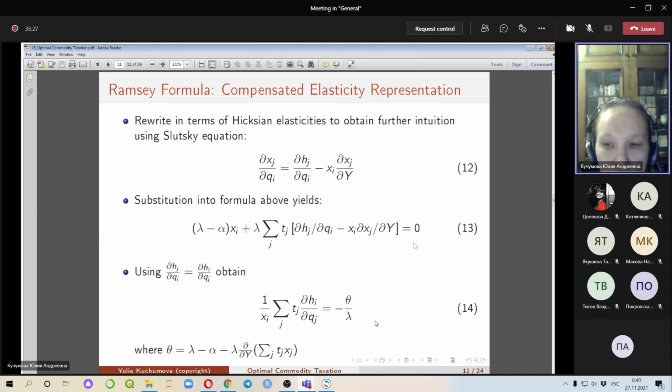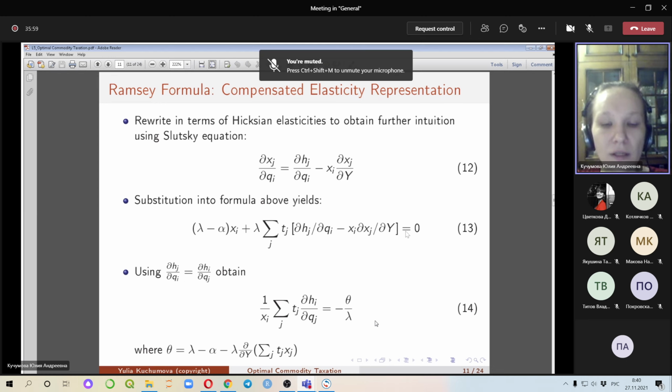So we end up with formula 14, which is 1 over xi multiplied by the sum over g of tg multiplied by the derivative of xi with respect to qg, equal to minus theta divided by alpha. What is theta? It's a new notation. It's equal to lambda minus alpha minus lambda multiplied by the derivative of the sum over g of tg xg with respect to y.